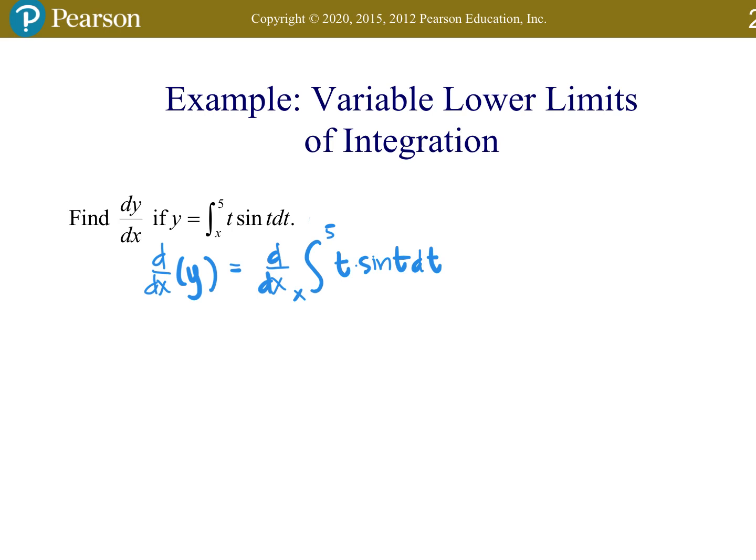The definition of the derivative of y with respect to x is dy dx. The definition of the derivative of an integral that has bounds x to 5 is going to leave me with what? Sine 5. Close. Okay. What happens to these two things right here?